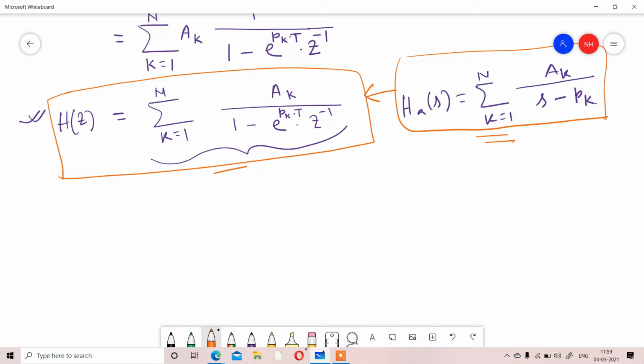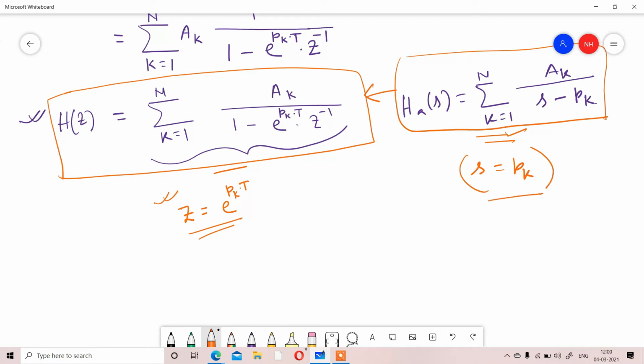Compare means compare the poles of these two equations. So if we consider H(s), here s equal to p_k is your pole for k equal to 1 to n, and for this case the value of z is e to the power p_k T. That will be your pole for z.